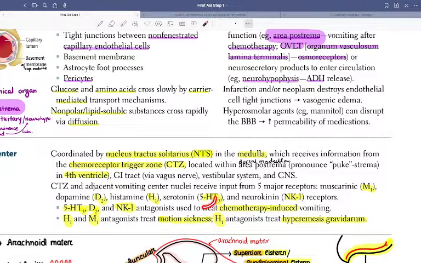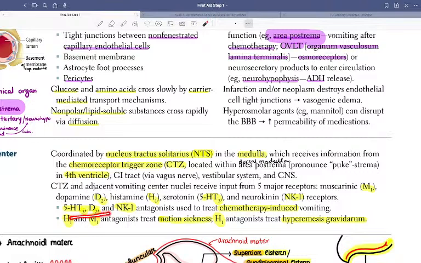One important thing is that 5-HT3 is the only one that is ionic. Anyways, so M1, D2, H1, 5-HT3, NK1. These are all the inputs.